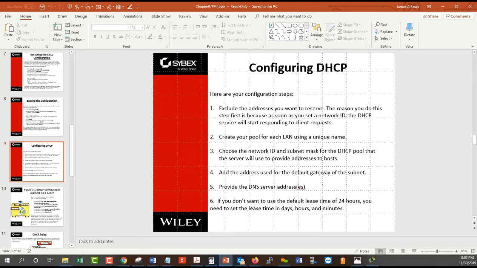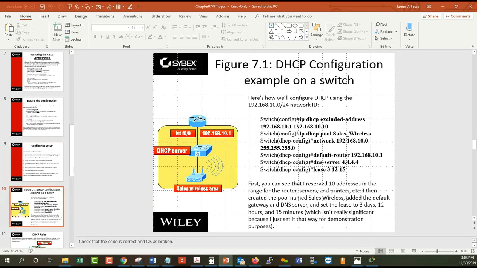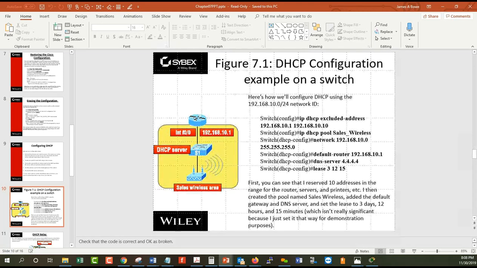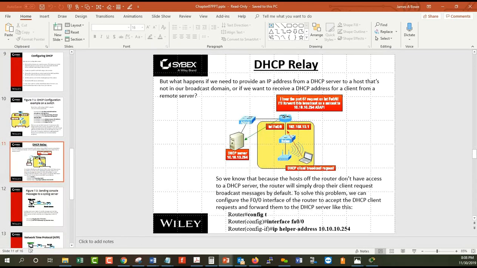configuring DHCP. Okay, we did enough DHCP along with relays for DHCP, so you should have that pretty well in hand. Again, the IP helper address, which is used in a DHCP relay.